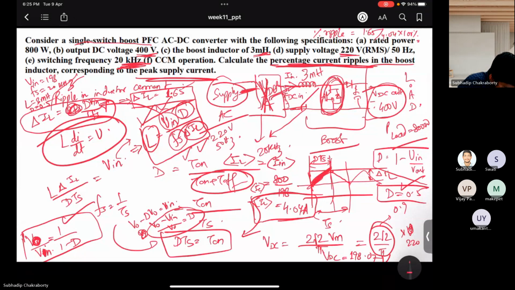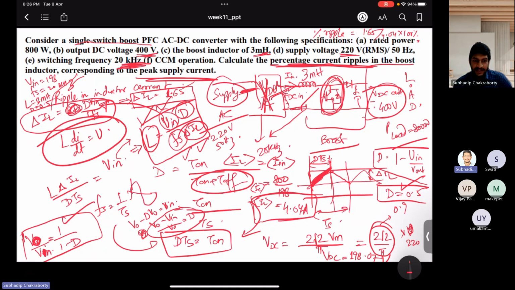Is there any confusion here? These currents all will be at power frequency, right? Will be sinusoidal only. Only the DC part will be there, that top part, right?